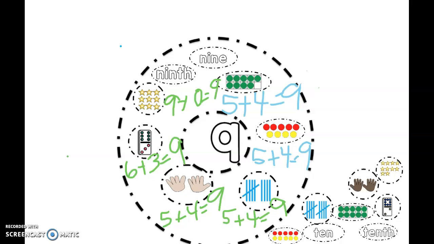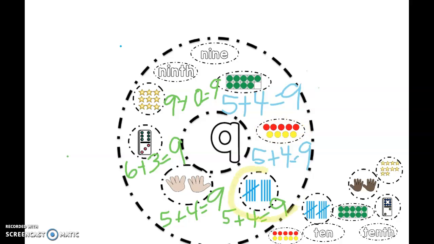All right, so let's look at our boot camp. Let's look at what we have for 9. I have the number word 9. I have the ordinal number 9th. Both of those make 9, okay? I have my 10 frame here that shows 9 by doing 5 and 4. I have my dots here, which shows 5 red and 4 yellow to make 9.